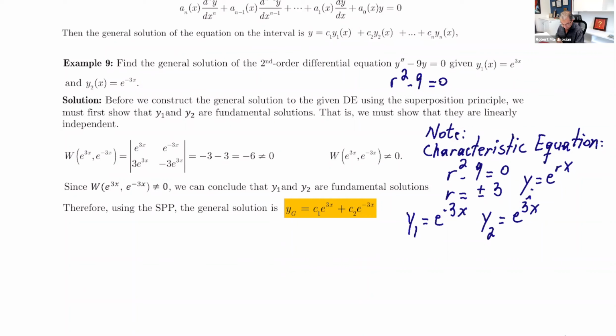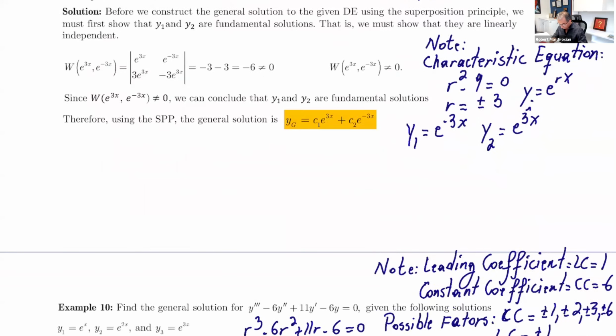For the Wronskian, again, you put y1, y2, and below you take the derivative of the first one and the derivative of the second one. You find the determinant. If you do that, you get -6. That's not equal to 0. Therefore, the general solution is written as c1 e to the power of 3x plus c2 e to the power of -3x.